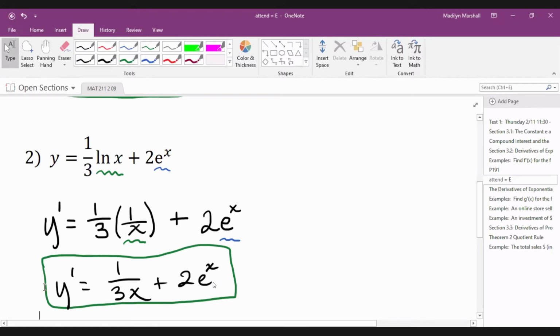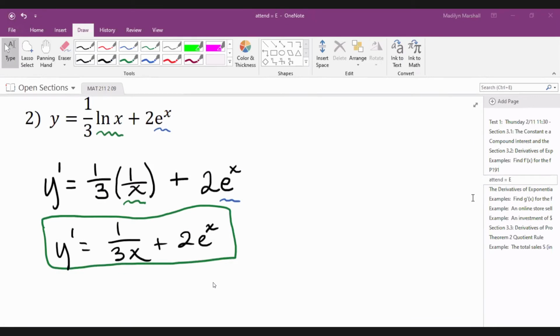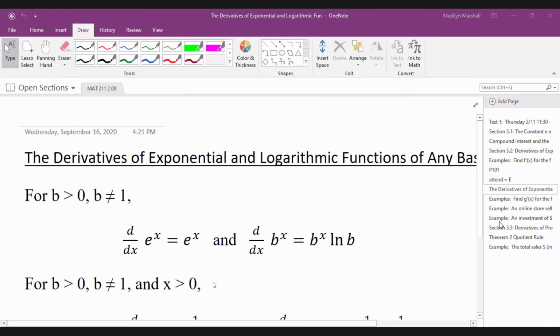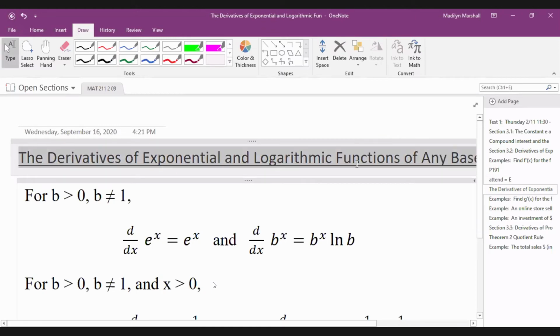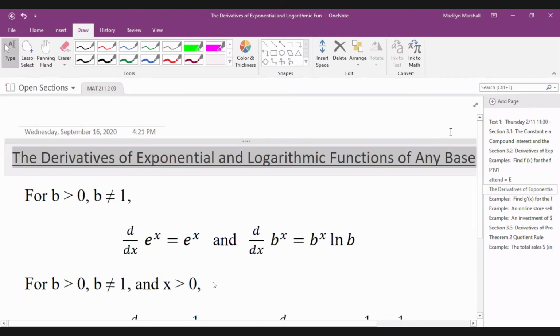Before we build on that a little bit, are there any questions about these last couple examples? Okay. So this is all in your book.